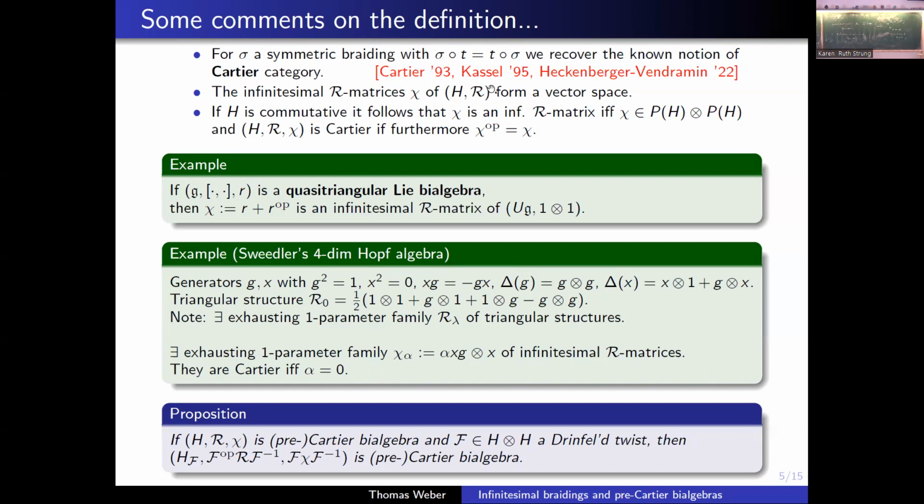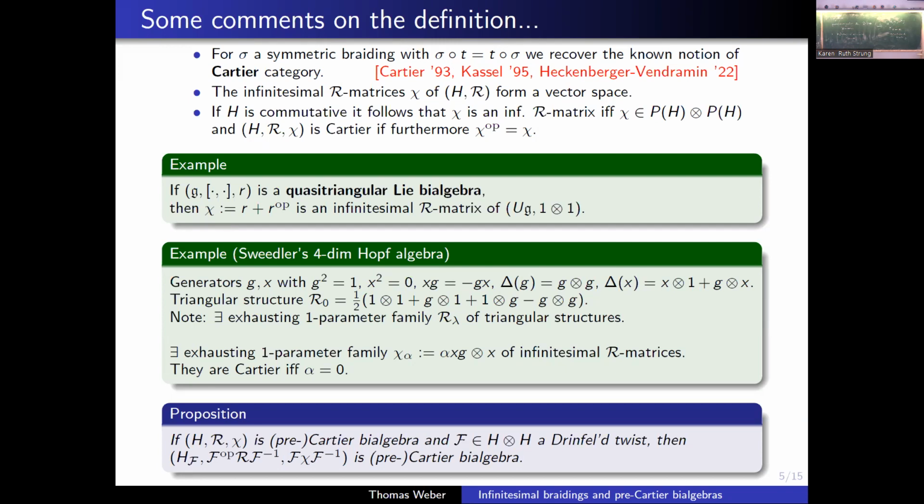You can also find it in Kassel's book, there's a section about this. And more recently in a paper of Heckenberger and Vendramin. But just saying, our definition is more general since we are working with any braiding and we don't in general ask this commutativity of sigma and T.